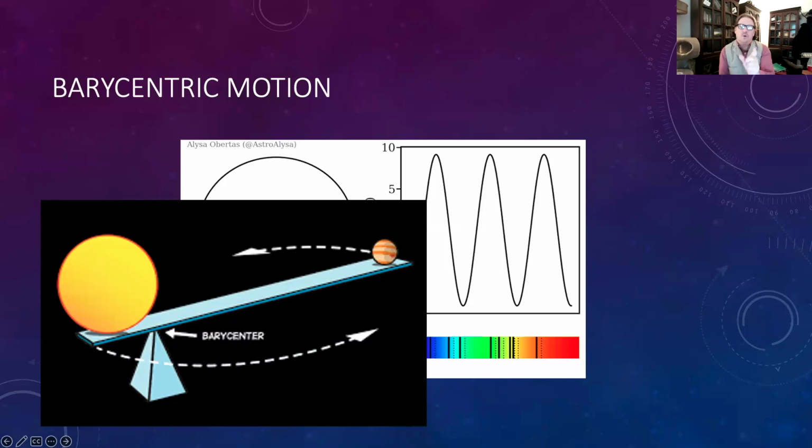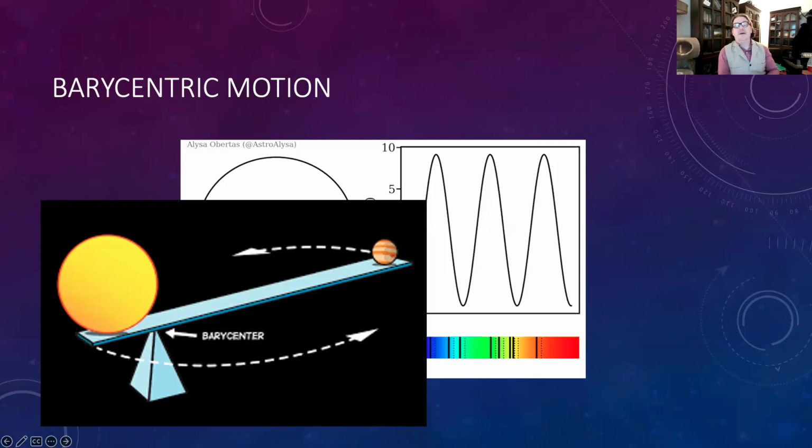If you know those orbital periods, you can then work out the mass of Jupiter. And what he noticed was that the period measurably differed depending on what time of year he was actually doing the observations. And the reason for this?